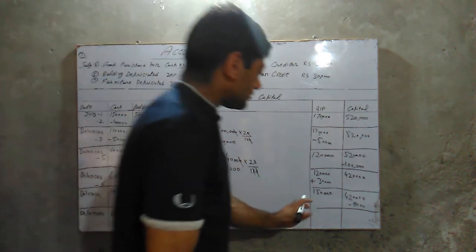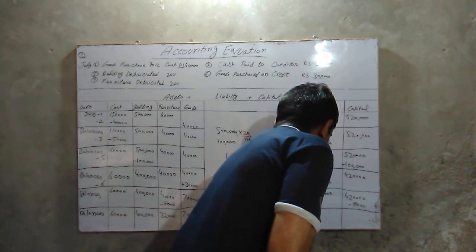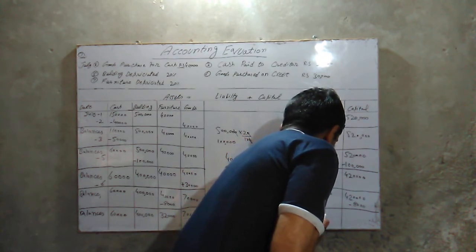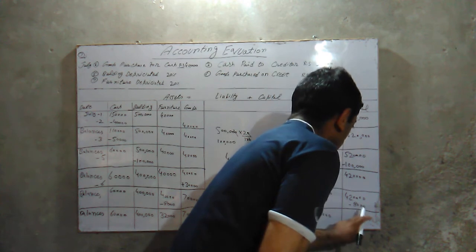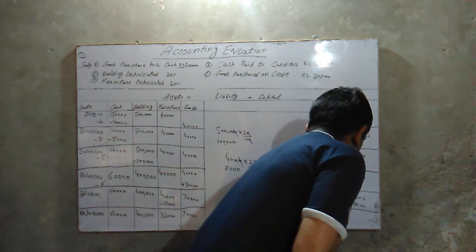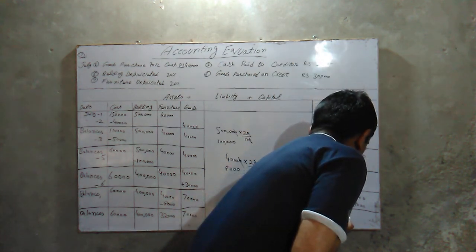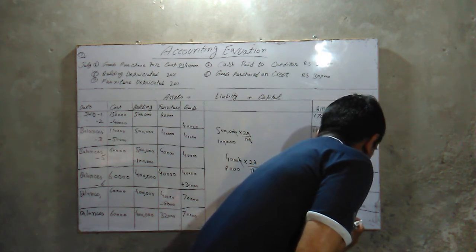And now here 1,50,000 and here 4 lakh and 12,000.